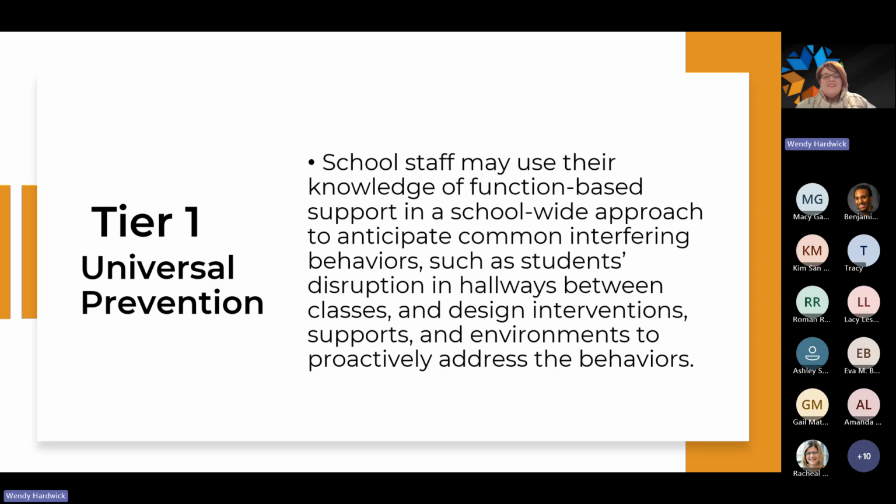In those systems of supports, we have our Tier 1 universal prevention. At Tier 1, school staff can use what they know about behavior to anticipate and prevent problems before they start. They might include clear hallway routines or consistent adult responses across settings.